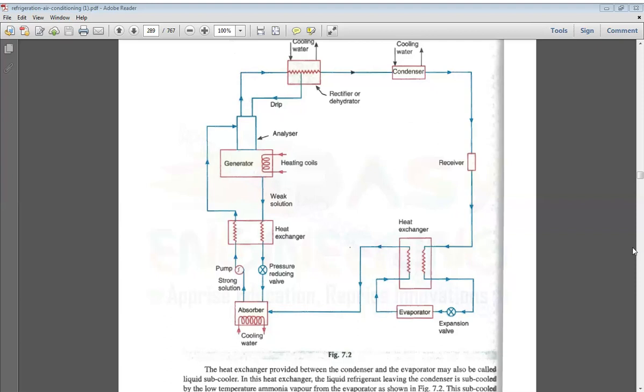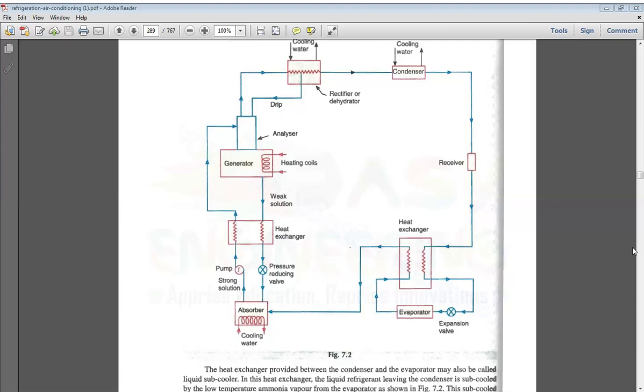From the generator, it leaves the strong ammonia vapor only, that is the vapor refrigerant. If it carries any mass of the absorbent, it is eliminated in the analyzer itself. From the analyzer it is sent to the rectifier.